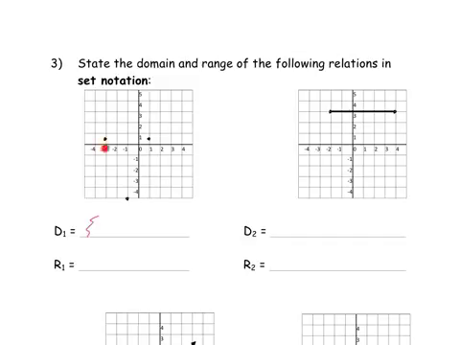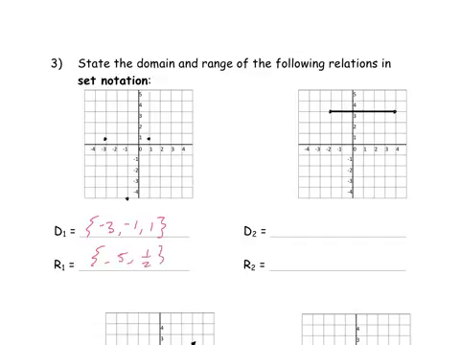So the possible values of x are -3, -1, and 1. And the range would be all the possible values of y. Y is at 1/2 and at -5. Notice that the y is repeated at 1/2, so you only have to state it once. So -5 and 1/2.